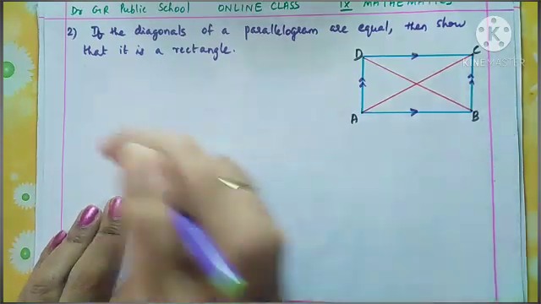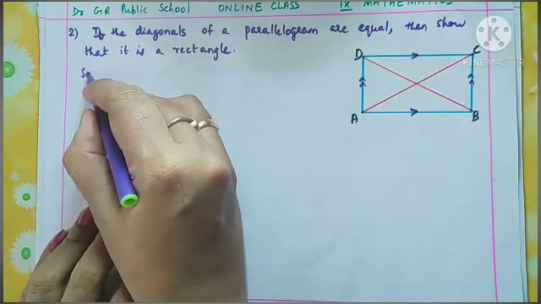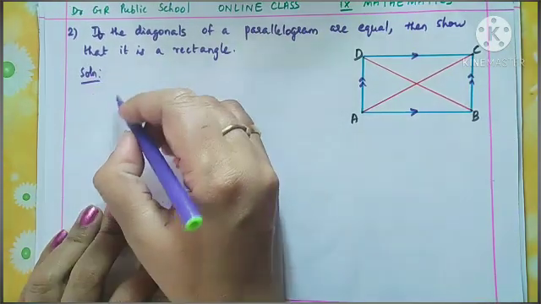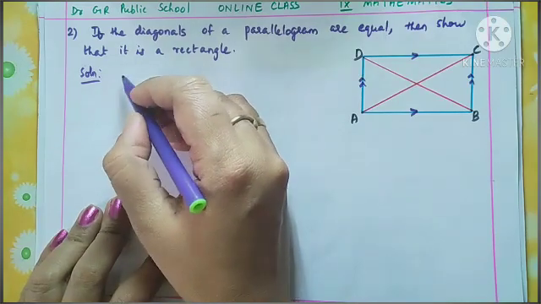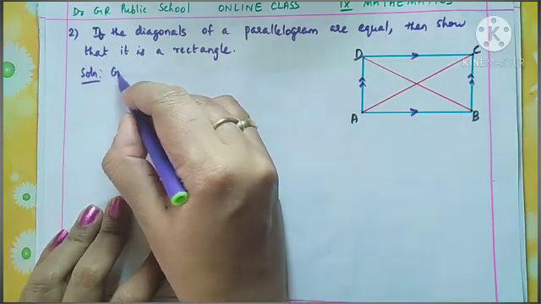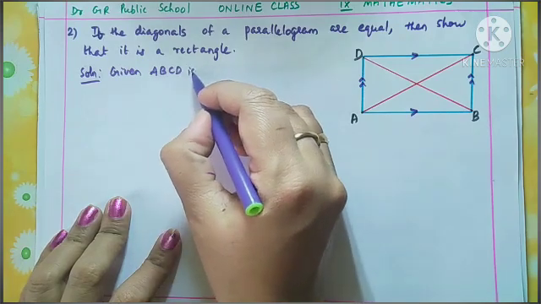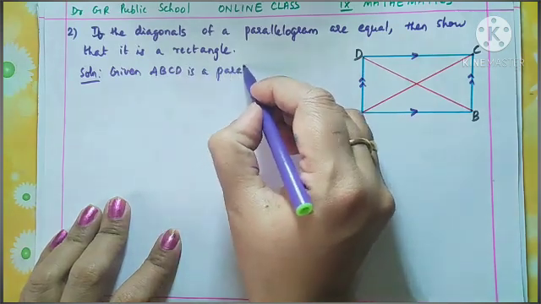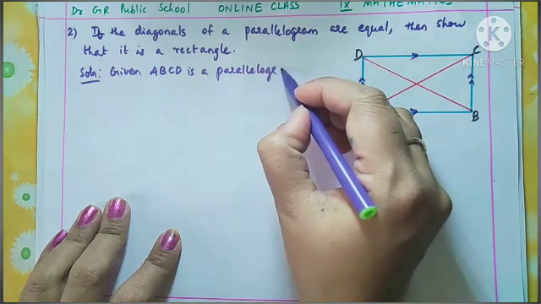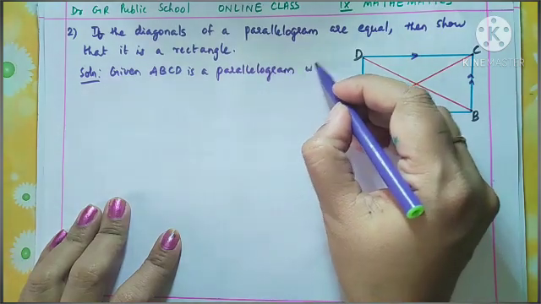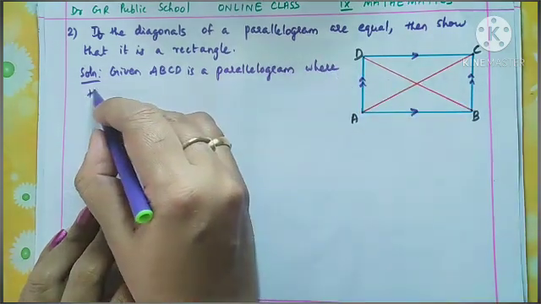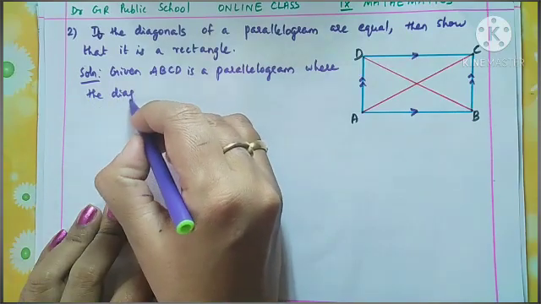Okay. Yes. So we are starting the solution first. Write all the given things here. So what is given? Given ABCD is a parallelogram where the diagonals are equal.